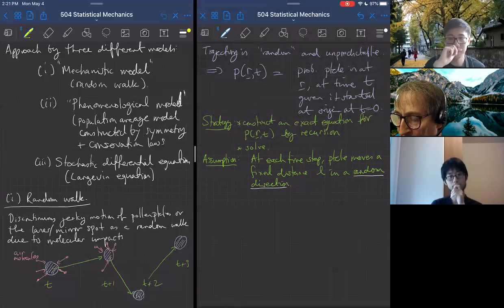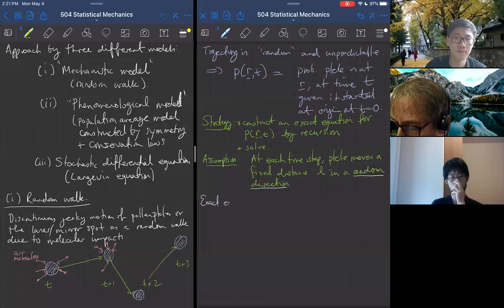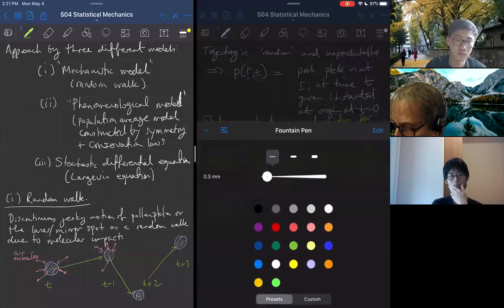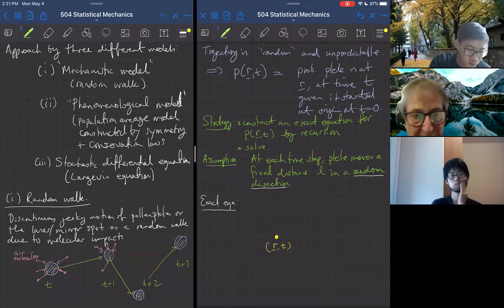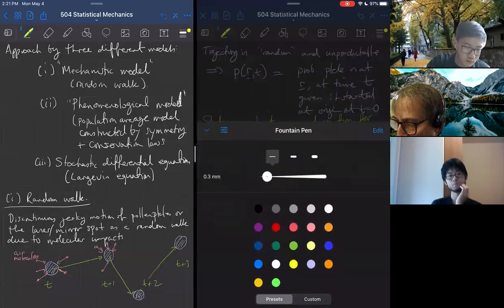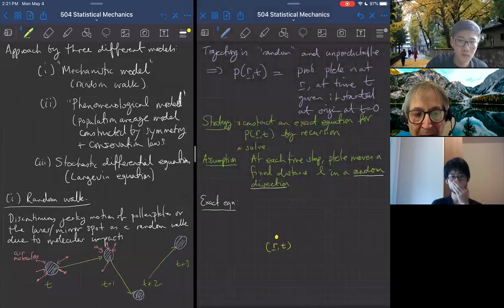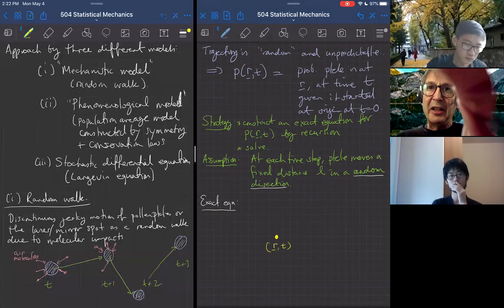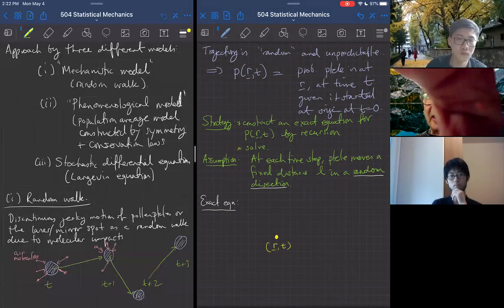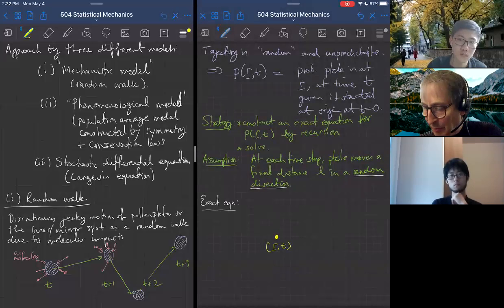So let's work out the exact equation. The exact equation starts off like this. Let's first of all draw the point where the particle is right now. This is the point r, and it's there at time t. If it's there at time t, then we know that on the previous time step, it must have been somewhere on the sphere of radius l centered at this point r.